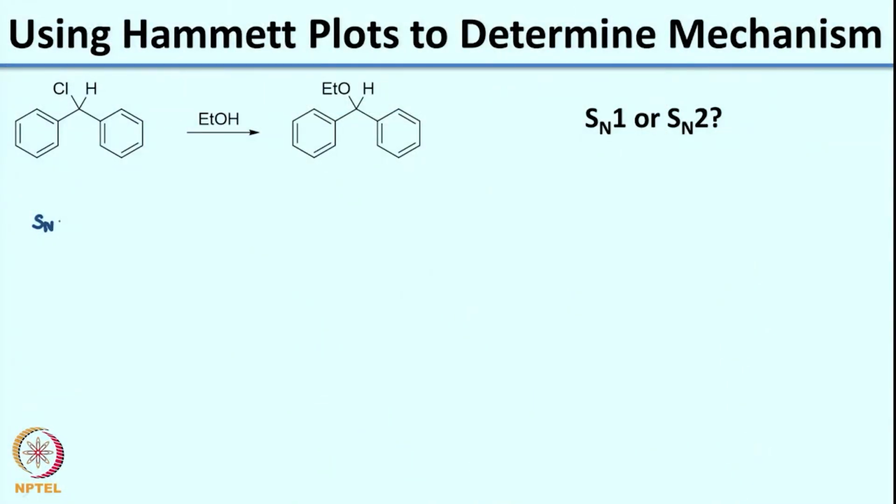So, if you consider an SN2 mechanism, now if I were to determine which mechanism is taking place, I would first put a substituent here, correct. So, now I can look at substituent effects. So, what would be the mechanism here?